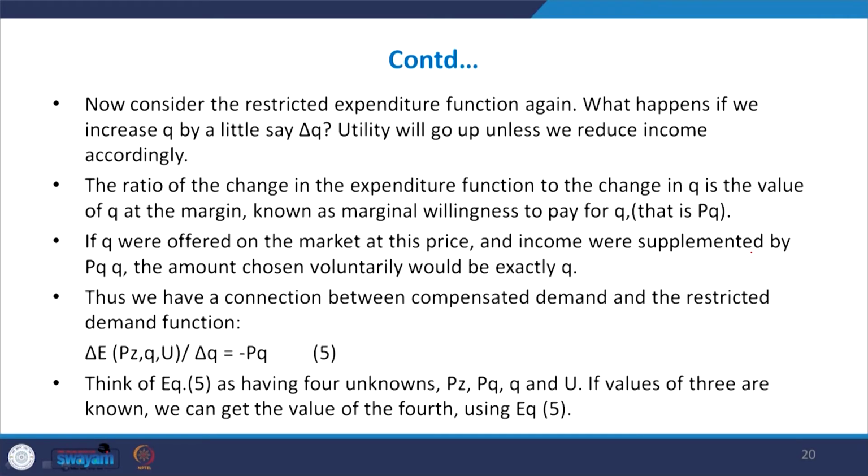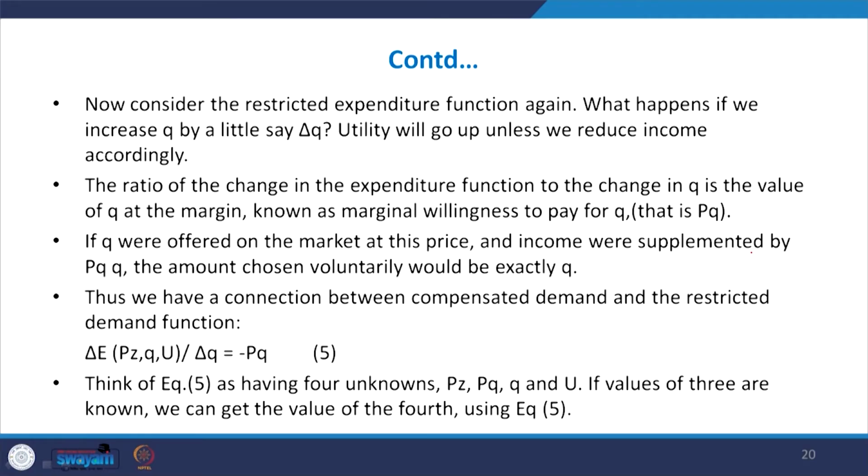So, delta E is here, delta E(P_Z, Q, U) divided by delta Q equals minus P_Q. In this equation 5 we have P_Z, Q, Z and U. So, these are the 4 parameters, and obviously we know if the values of 3 are known to you, then you can get the value of the fourth one.